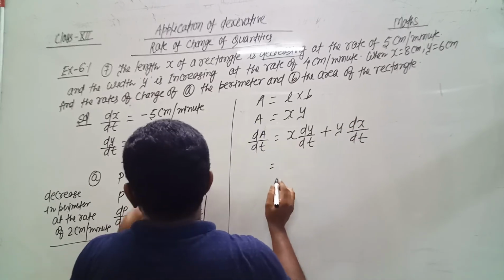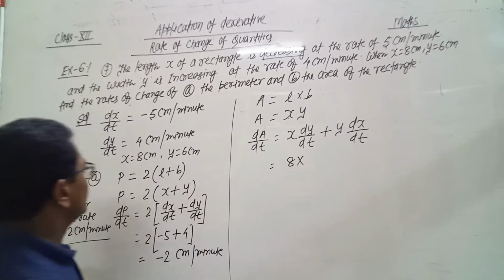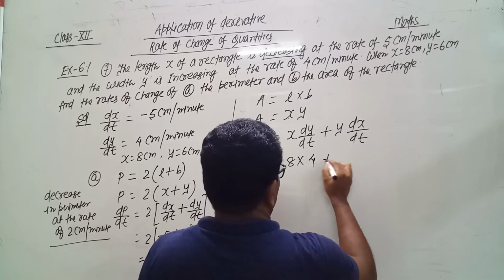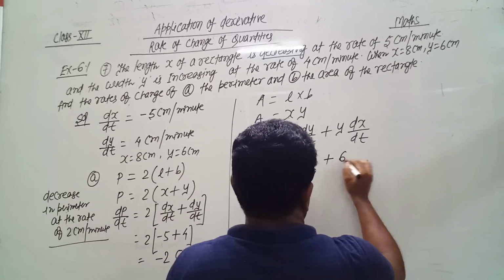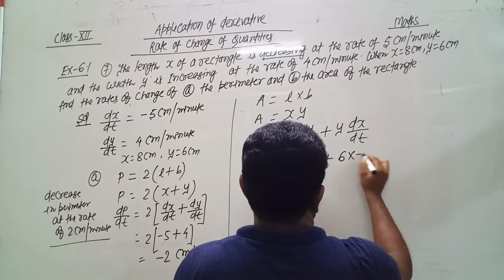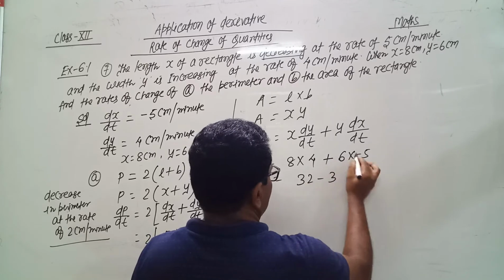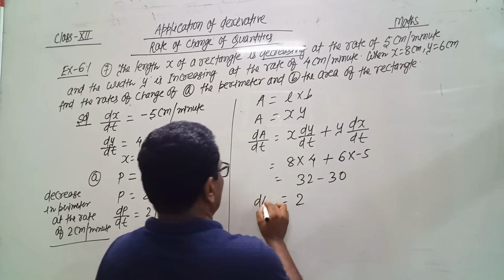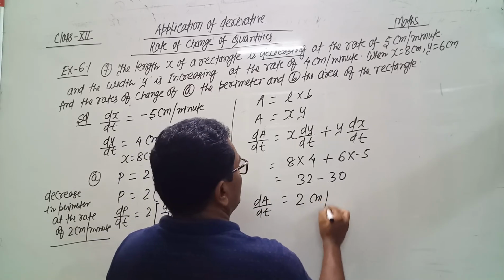So the value of x is given, 8 into dy by dt. The value of dy by dt is 4, plus the value of y is 6 and dx by dt is minus 1. So 32 minus 6, and dA by dt comes to be 2 centimeter per minute.